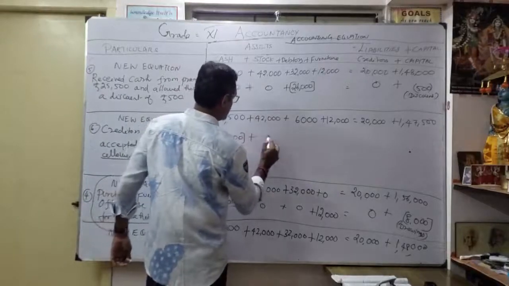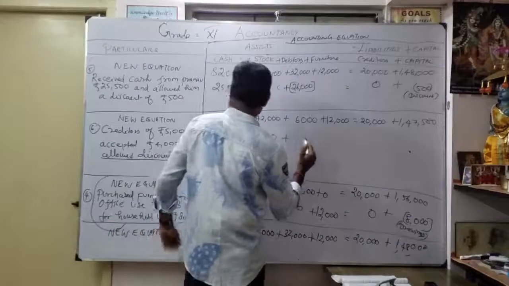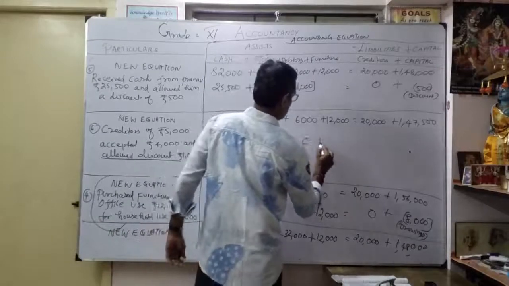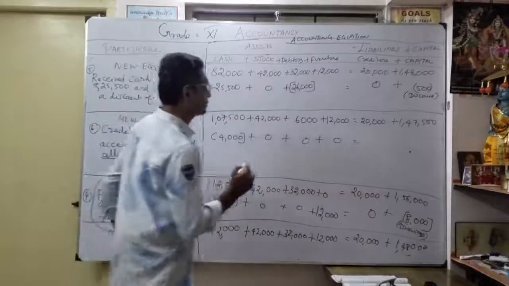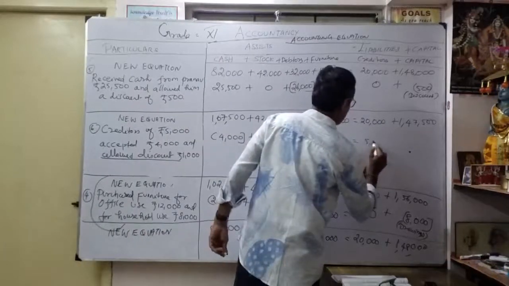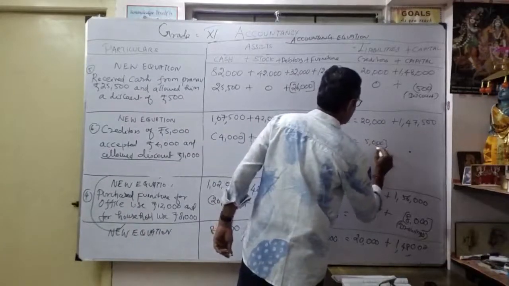Here 4,000, one of the variables. Correct. Plus 0, plus 0. Here also 0. My creditors become how much? Now reduced by 5,000. Okay. But how much did I pay? Only 4,000.